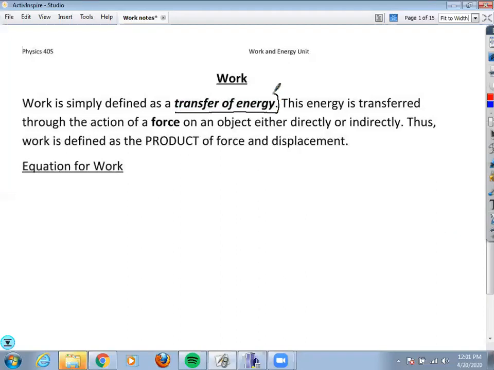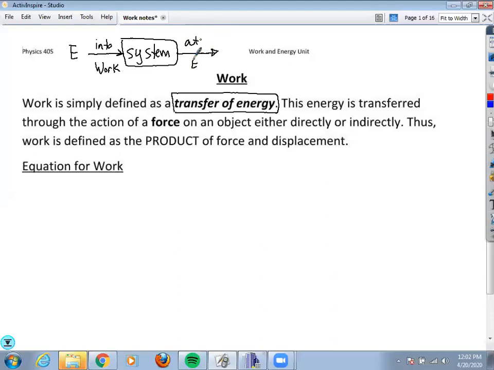Work is defined as an energy transfer. So it is a transfer of energy into or out of a system. So if we have a system here, if E is energy, energy can be transferred into a system by work, or work, conversely, can transfer energy out of a system.